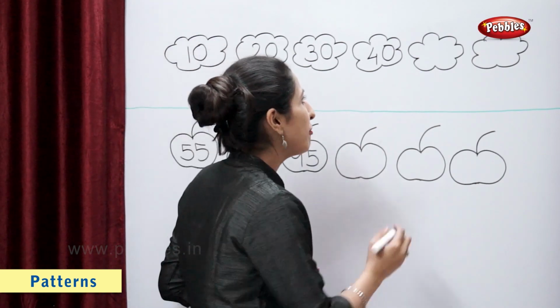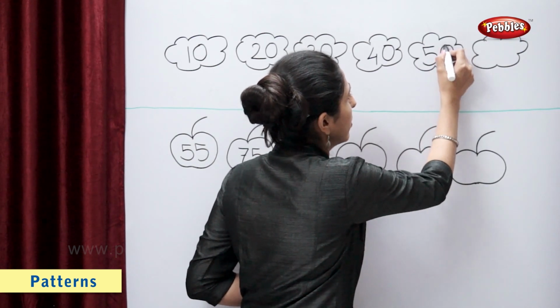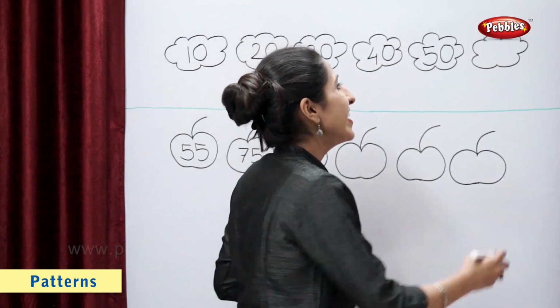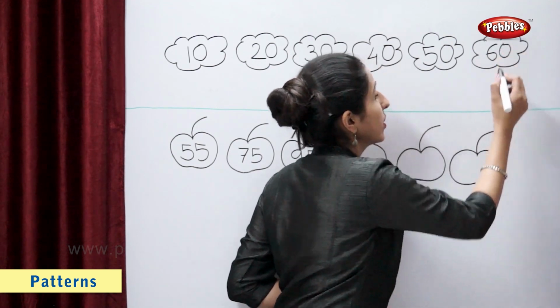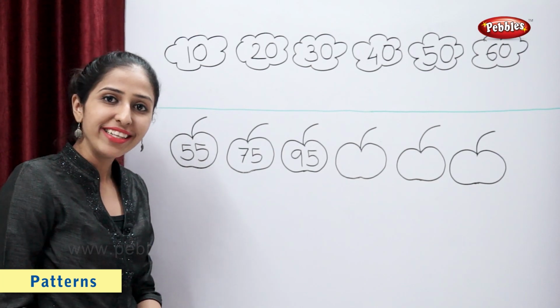Correct. 50. What is 50 plus 10? Correct. 60. So, this pattern is complete.